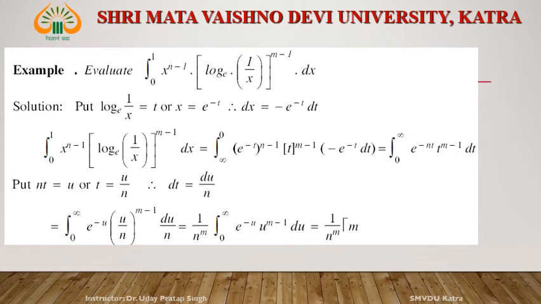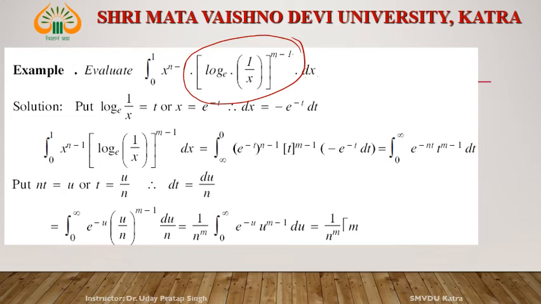Evaluate integral 0 to 1 x to the power n minus 1, log of 1 upon x whole to the power m minus 1 dx. Okay, here there is no exponential term, so make this term exponential. Whether it is possible? Yes, log and exponential are the inverse functions of each other, so use this relation.